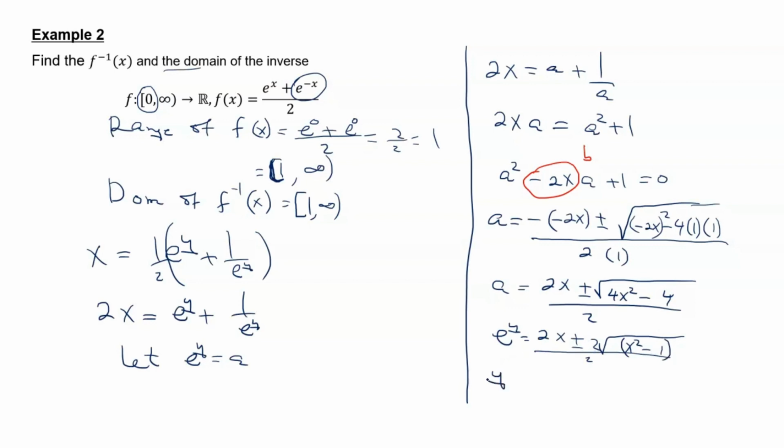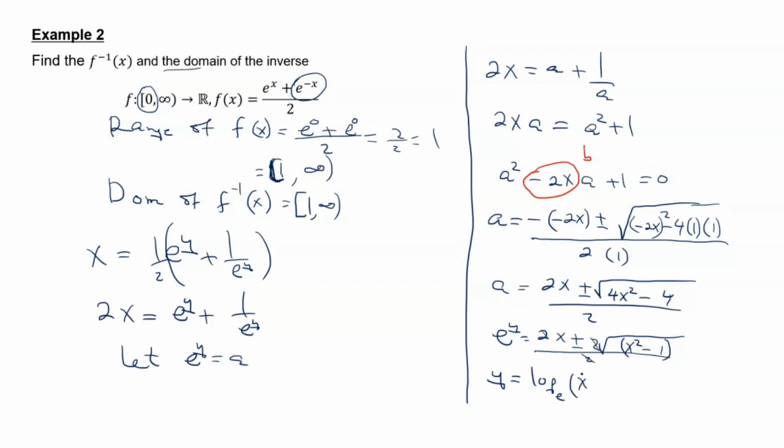So that means y, if I introduce natural log, I can cross the 2's.